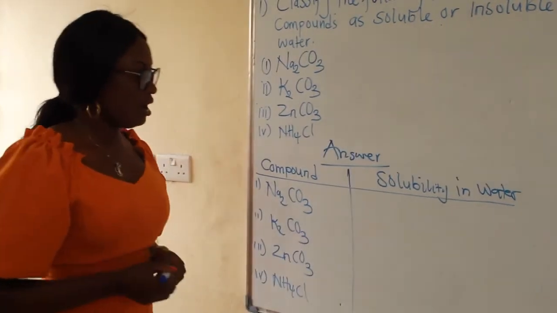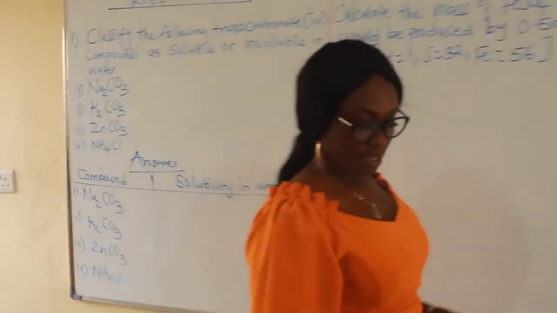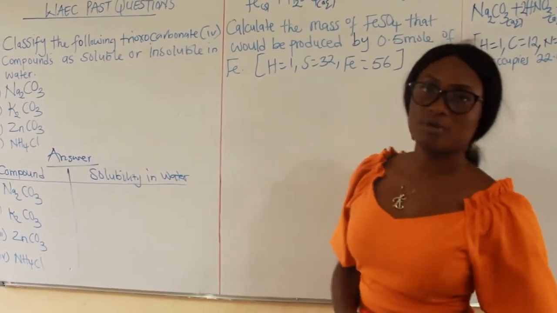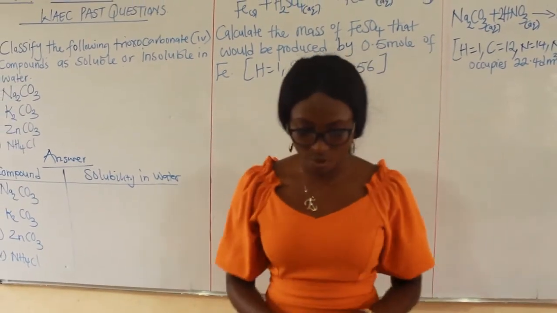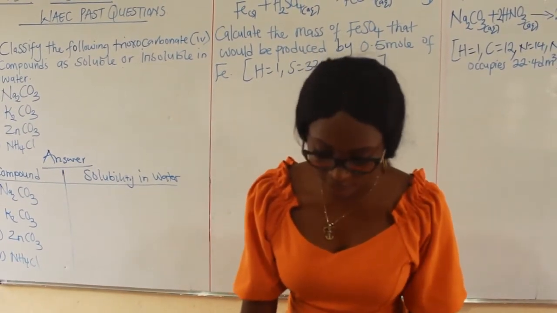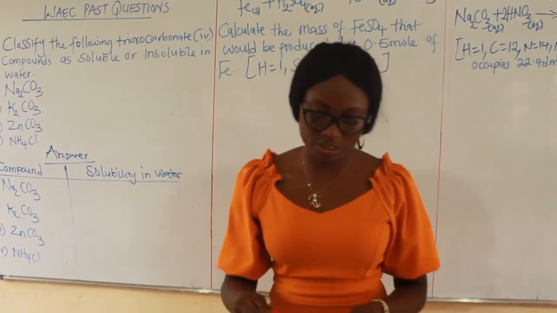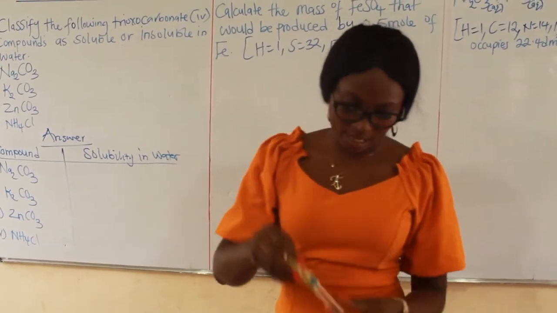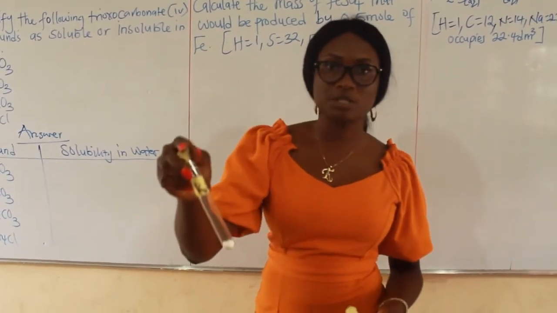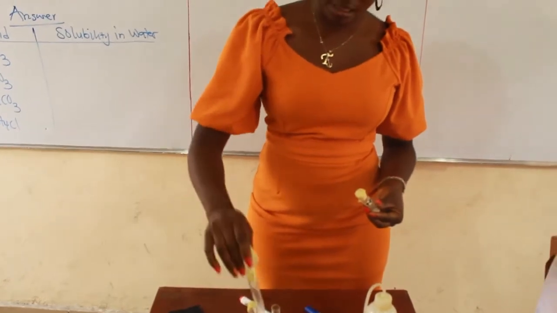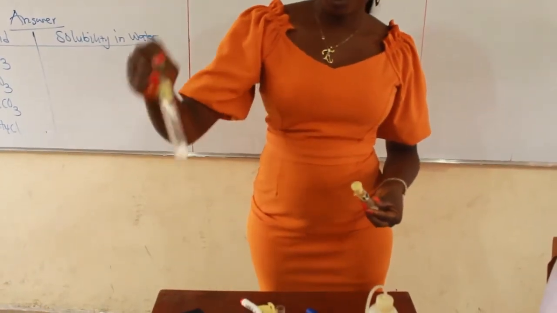Alright, so I'm going to just demonstrate that and then give you reasons why some of them are soluble and some of them are insoluble. So I have here the compounds. This is sodium carbonate, the second one is potassium carbonate, and then you have zinc carbonate and ammonium chloride.